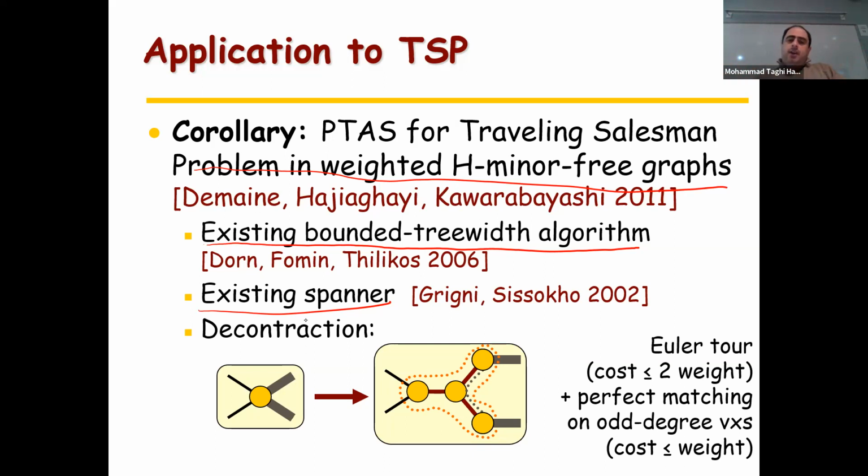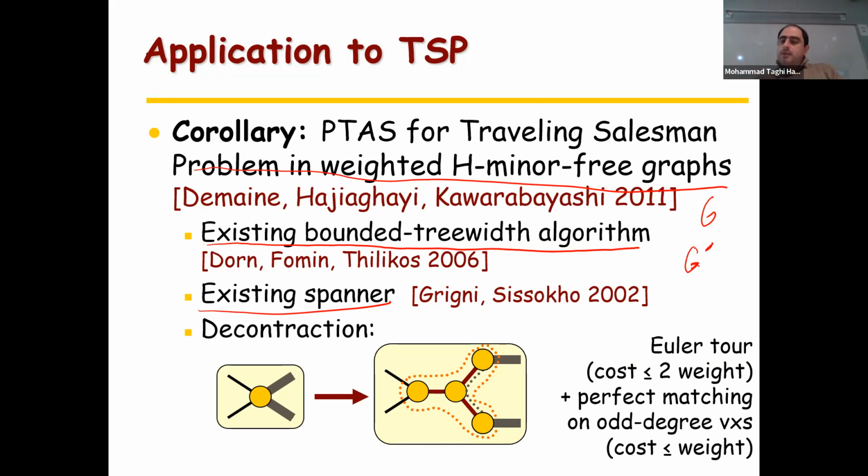First, we are using the spanner theorem. This spanner actually becomes important later on in the problem. What the spanner says is that on H-free graphs, a graph G is given to you, and you can find another graph, G prime, which is a subgraph of G. This graph has two properties.